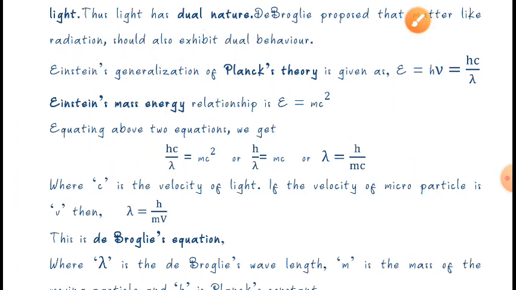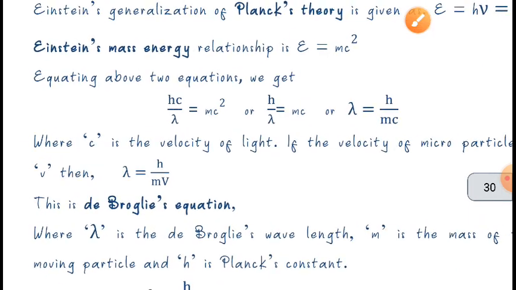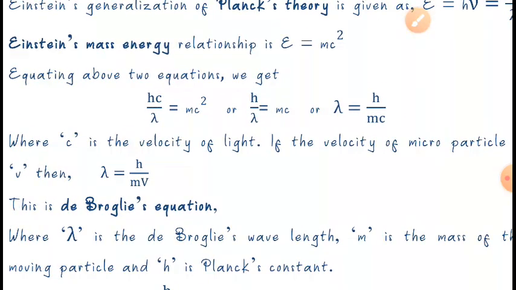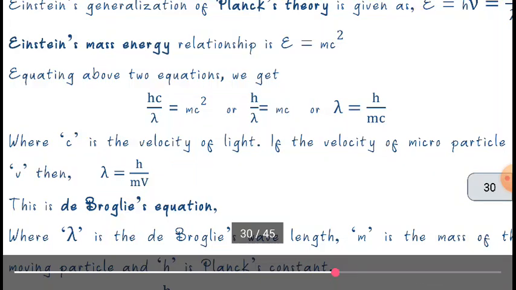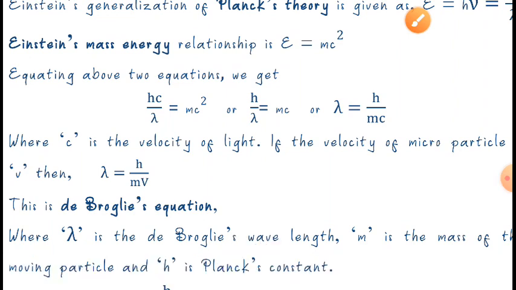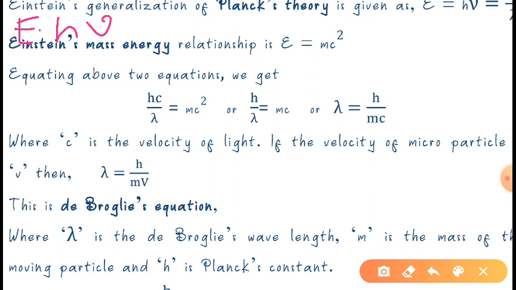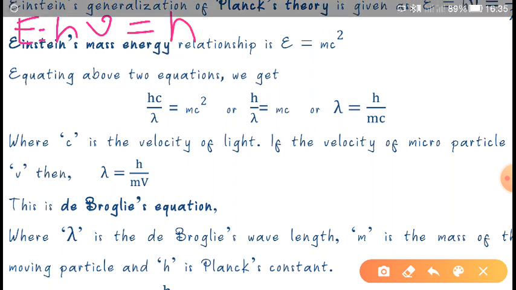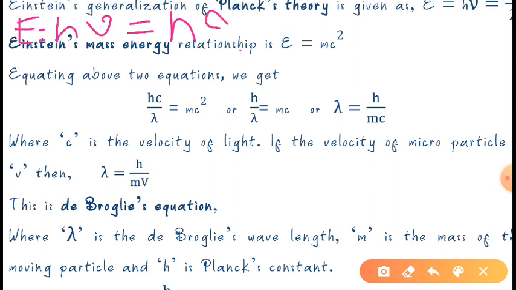Now here you can see they have written v, and I have written c. So how it is coming, I will show you now. According to Planck, E is equal to h mu, and we can write mu is equal to c by lambda.